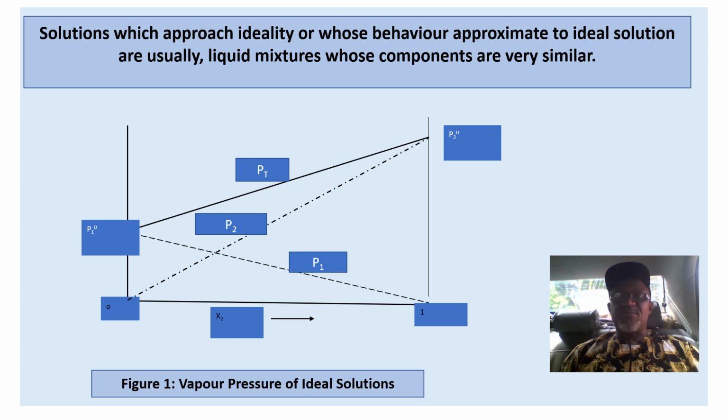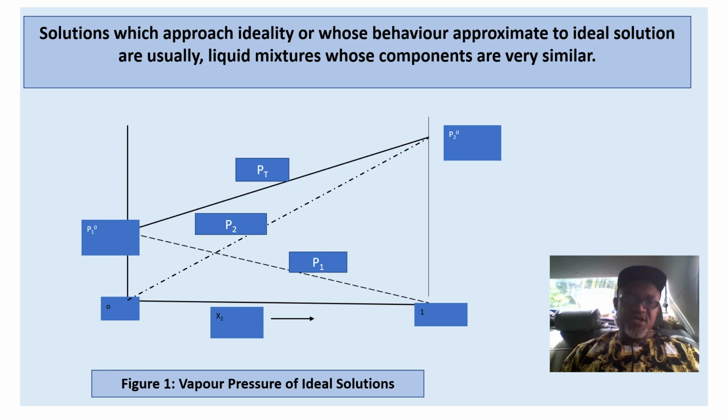Now, solutions which approach ideality, or whose behavior approximates to ideal solutions, are only liquid mixtures whose components are very similar. For instance, if we look at something like benzene and methylbenzene, which I have used to generate this figure here.